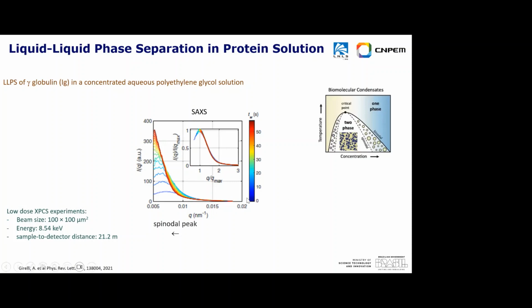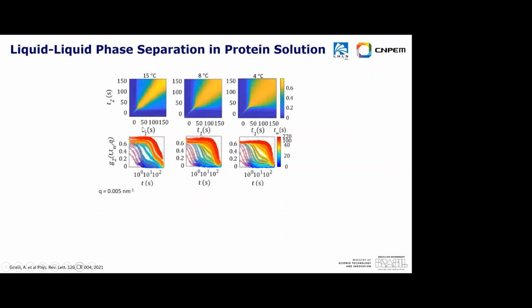First of all, they analyzed the SAXS data, and they could observe the spinodal peak. In this case, it was also important to analyze both the two-time correlation and the one-time correlation. Looking at the two-time correlation, we can observe three different states. First, we only have this parallel line: the dynamics is too fast, the system is in equilibrium.